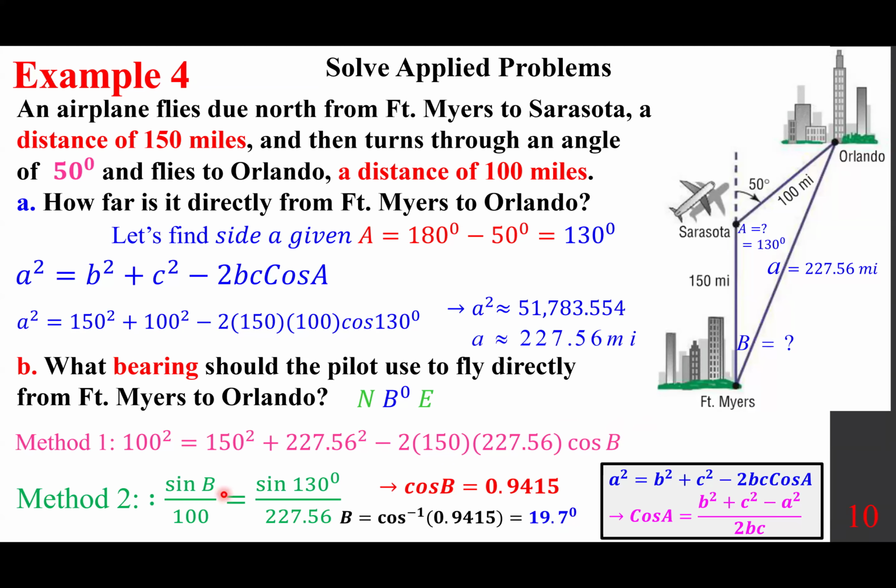I highly recommend you try this one as well. You should come up with the same answer. Therefore, if this is 19.7 degrees, then we're going to say north 19.7 degrees east.